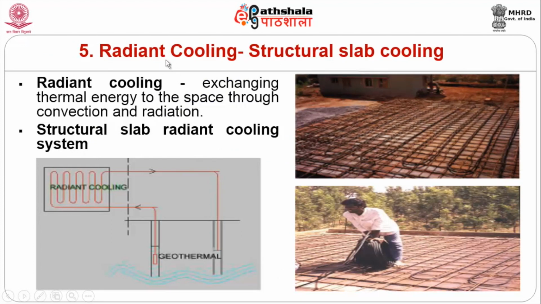This last element that we would be talking about is radiant cooling, structural slab cooling. Radiant cooling happens by exchanging thermal energy to the space through convection and radiation. What happens here is that we have already seen that about 70 to 80% of heat gain inside the building is through roofs, because we normally do not shade the roofs.